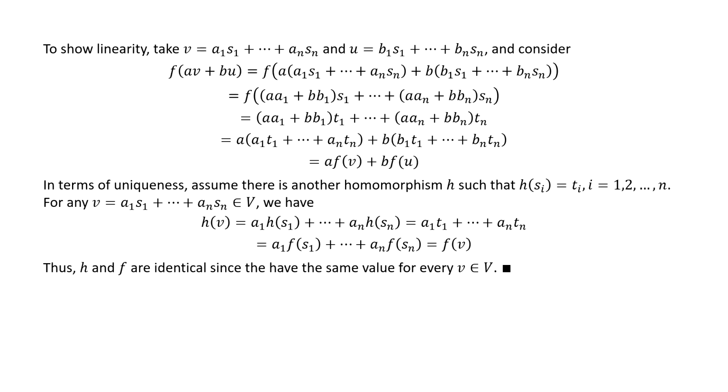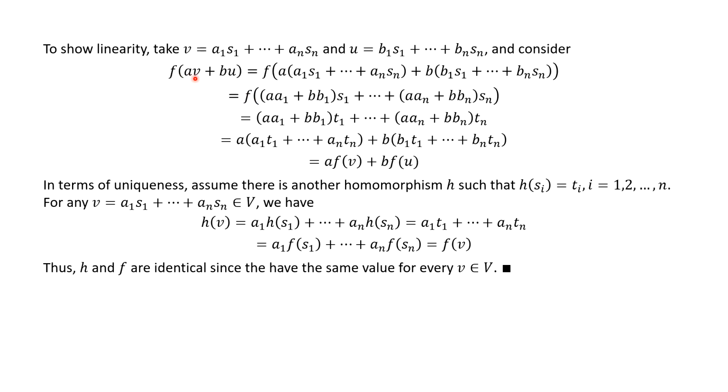So let's finish off the proof. We need to show linearity of our function f, and we also need to show that f is unique. That was part of the theorem. So to show linearity, we take v and u in our vector space V, and we write both of them as a linear combination of the basis vectors.